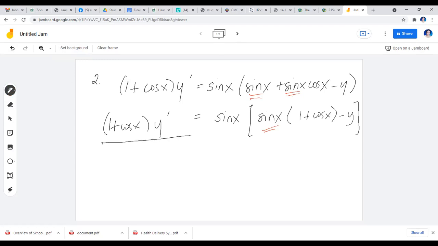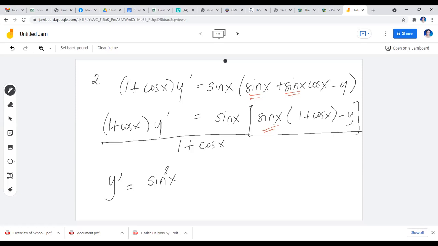So we will divide our entire differential equation by the quantity 1 plus cosine of x. That will eliminate this one in here, giving you a y prime being equal to, now class, if you're going to distribute the 1 plus cosine of x to these two terms that we have, what is left here is the sine of x. The sine of x multiplied to this sine of x will be sine squared x. This one is gone after you have done already the division.